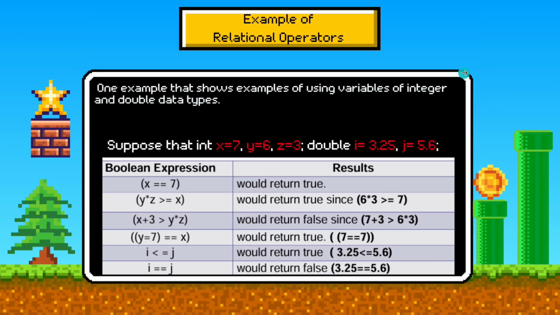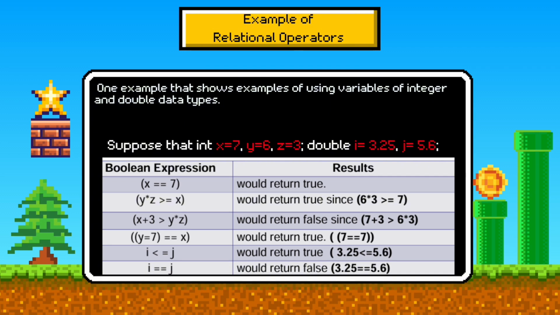Okay, next slide is an example of relational operators. One example shows the use of variables of integer and double data types. Suppose integer x equals 7, y equals 6, z equals 3, and double i is 3.25 and j is 5.6. The Boolean expression x equal to 7 returns true.